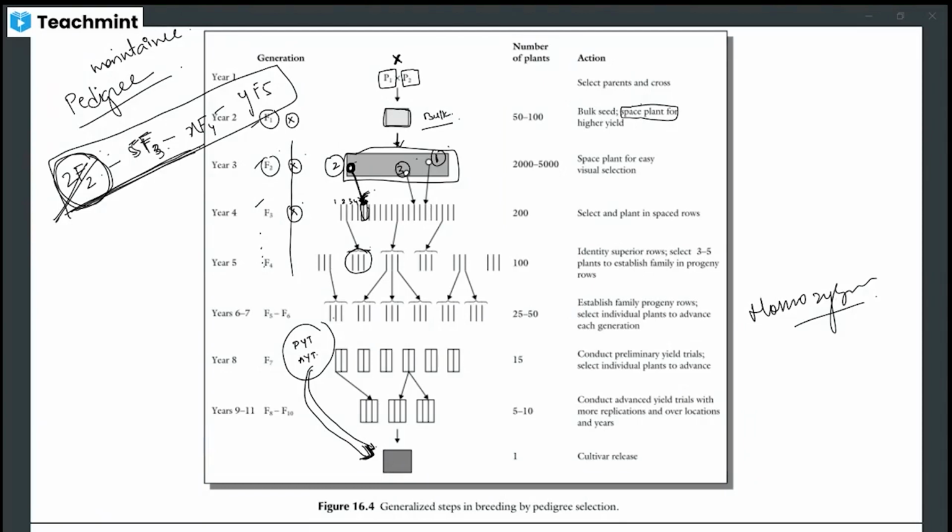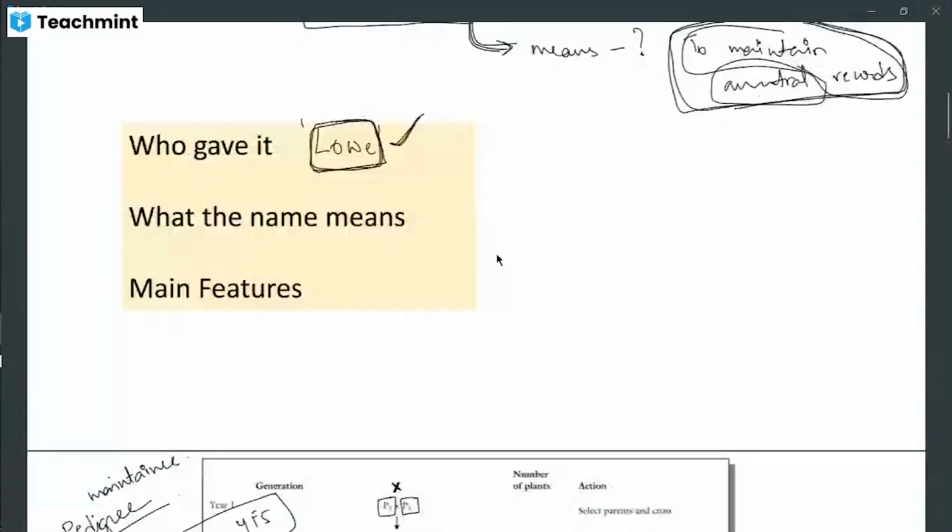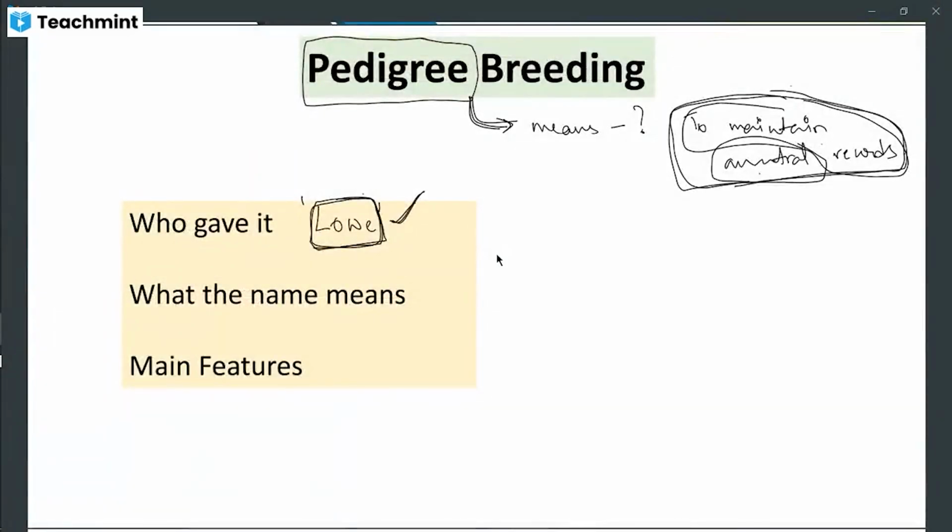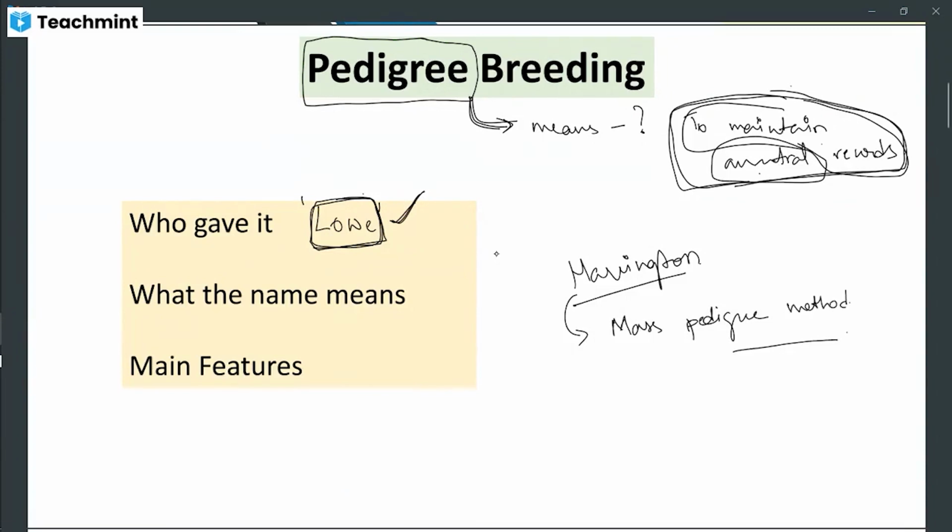If you understood the pedigree breeding procedure, there is another scientist, Harrington, who gave a modification to this pedigree method, which was known as the mass pedigree method. Can anyone say what you mean by the mass pedigree method?